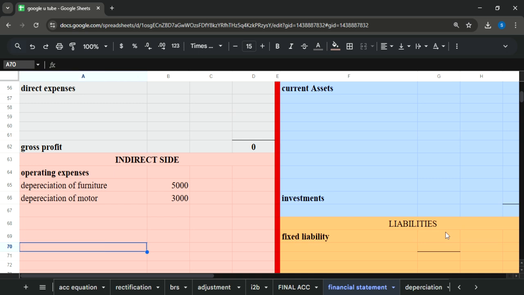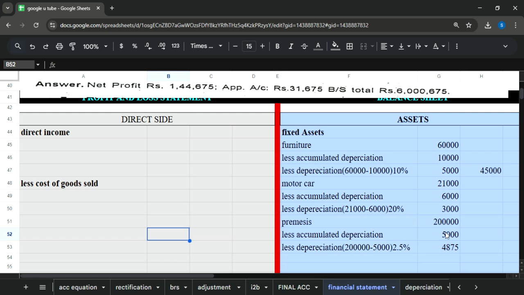Now similar to above, depreciation of premises you will be posting and the amount is 4875. Just put it over here. So guys, you have seen how we have treated these assets over here.